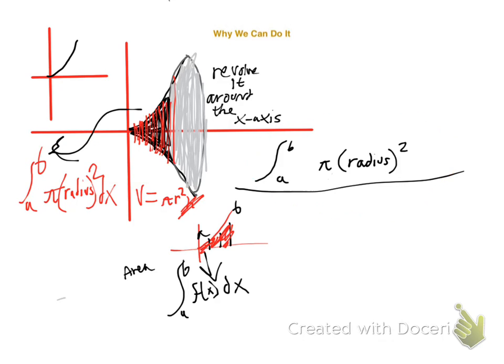Now you probably wonder, okay, but what's the radius? How do I find out what the radius is? It turns out that the radius of your cylinder is oftentimes just the function. So when I take one of these super small cylinders, I can't draw an incredibly small cylinder, so let's pretend this is super small. That's my super small cylinder.